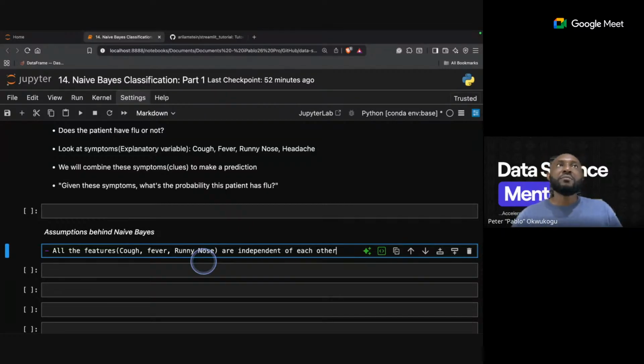Right. So it assumes that if you're having a fever and having a cough, they're separate, even though in real life they are related. These are all independent of each other. So that's one.